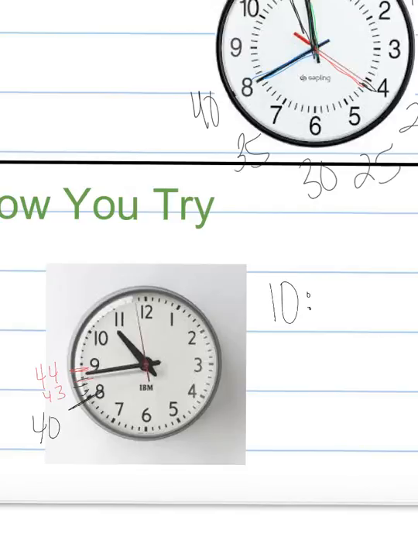So it's going to be the lower one, 43, because we haven't quite hit the next minute, because our seconds are at 58 seconds. So that tells us it's 10:43, and it's almost just about to hit 10:44.